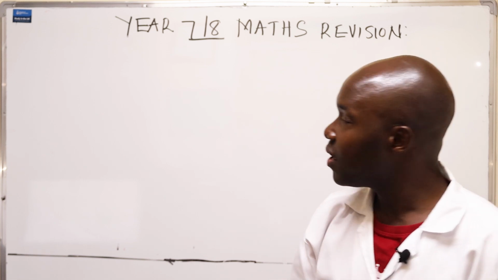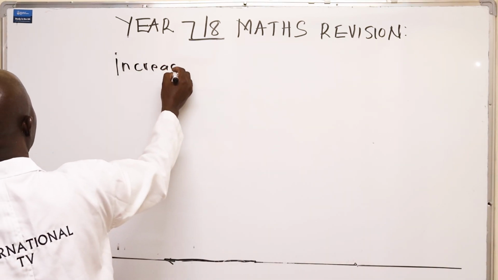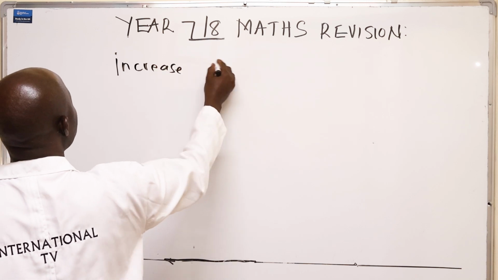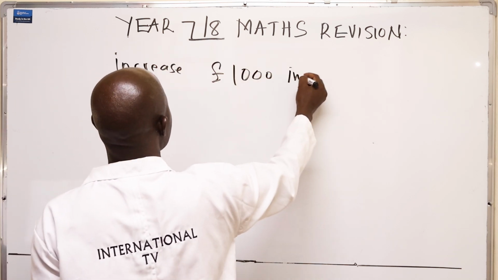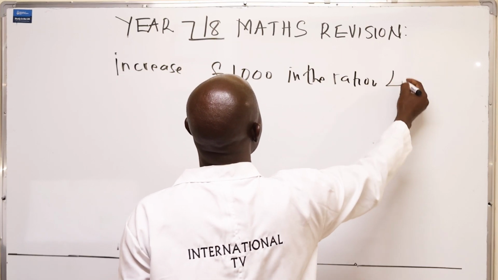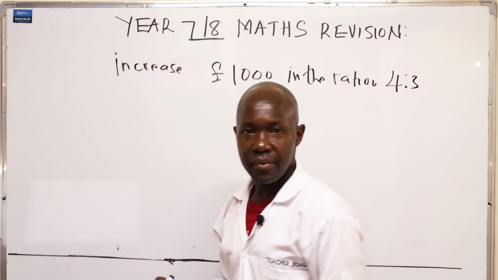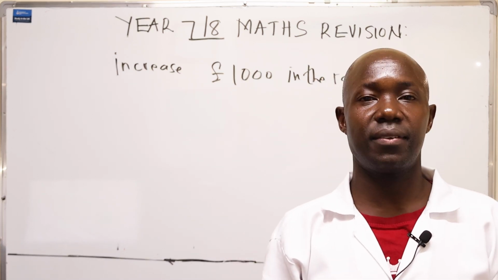A good example, somebody can tell you increase, for example, $1,000 in the ratio, maybe 4:3. And I want to make it very clear to students that normally get the idea mixed.